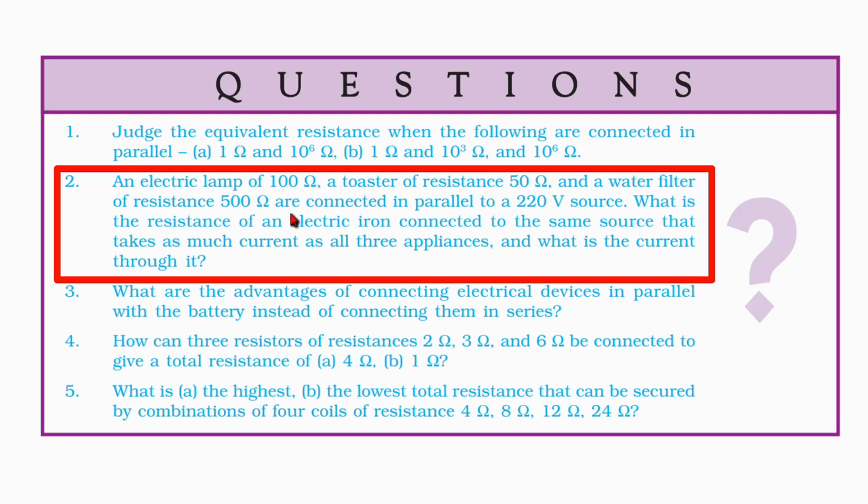First we will find by Ohm's law the current flowing through the combination of these appliances in parallel. Then the electric iron is taking the same current and we know the voltage, so we will find the resistance of the electric iron.